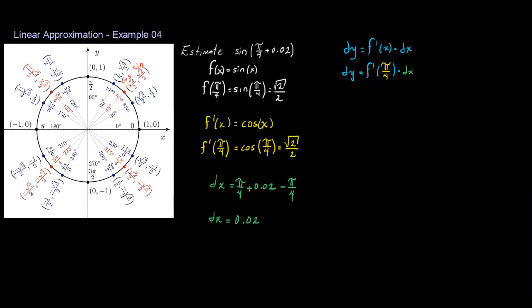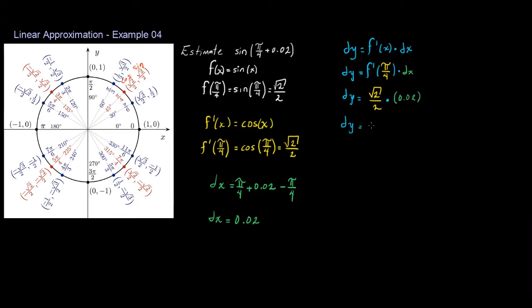Of course, here I'm using a lot of steps, just use the ones you require. So let's get down to business. F prime of pi over 4, we know, is the square root of 2 over 2. I'm substituting in the formula the values we found, times dx, which we know is 0.02.